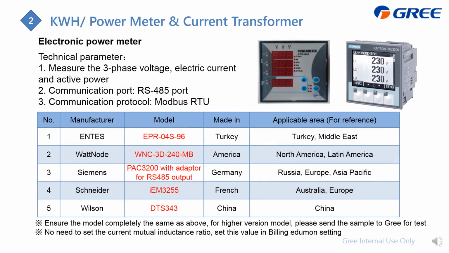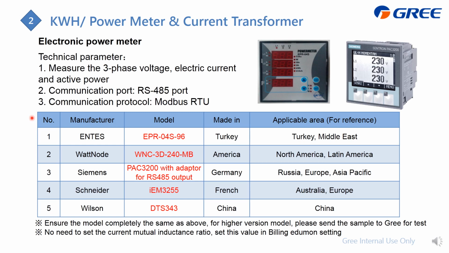Next is the power meter. The purpose of this one is to record how much power this GMV outdoor unit consumes, and then we need to transmit the power data to the gateway, then to the PC.